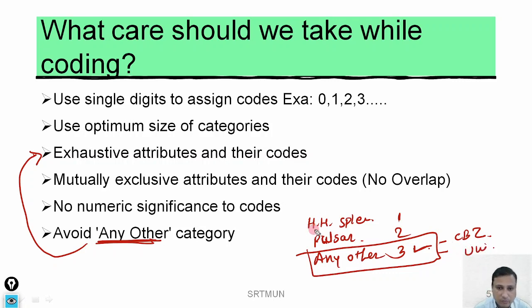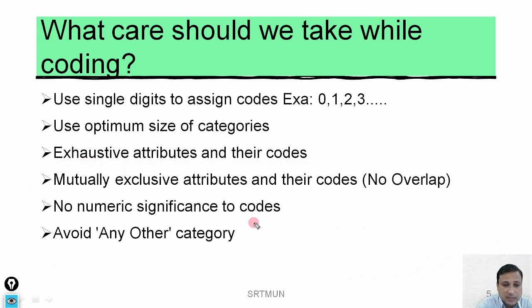Fine, but we have mentioned here that any other includes other options too, so exhaustiveness is lost here. So your attributes should be exhaustive and they should be mutually exclusive. Usually we should avoid the any other category. In rare cases, when there is no choice, then we can use it. There is no problem in that.